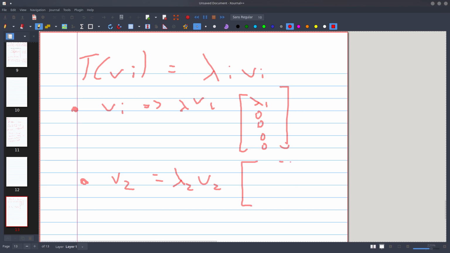And how do you get this? Well, obviously you need one of lambda 2 and none of the others. This is exactly the amount that you need. And so this would go into the second column of your matrix A.